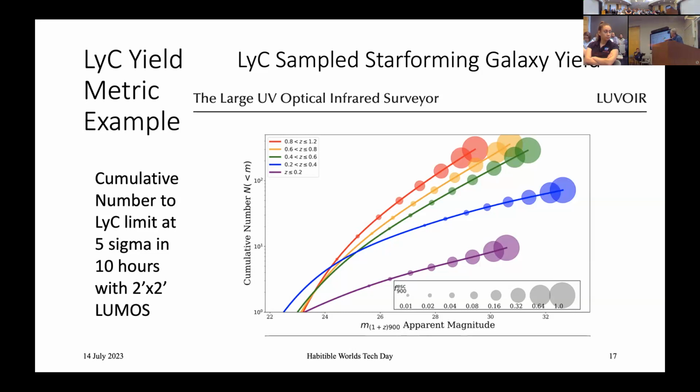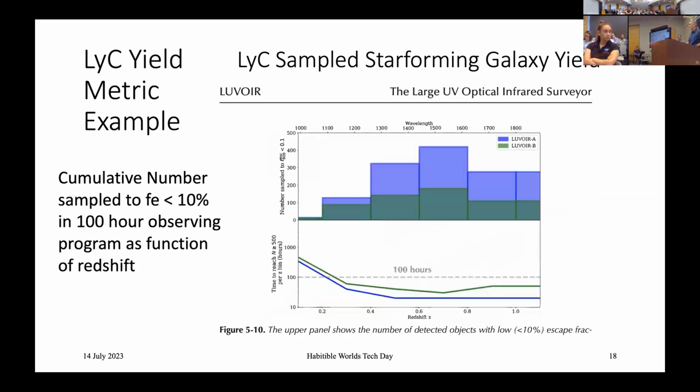And these little circles here indicate the limit we can place on the escape fraction. The big ones indicate 1, and the little ones indicate 1%, which sort of spans the range of what we think these things are doing.